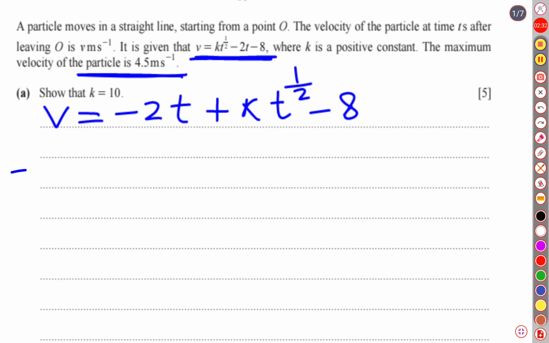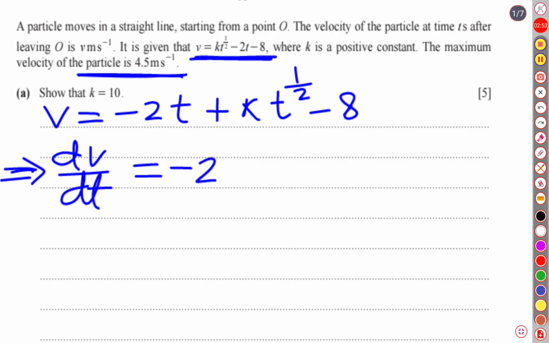Well, so we will find the derivative of this. dv over dt means acceleration. So dv over dt is going to be minus 2, because the power is 1, plus, as here the power is half, k over 2, and if we subtract 1 from half it is negative half, that means 2 square root of t. The derivative of a constant is 0.